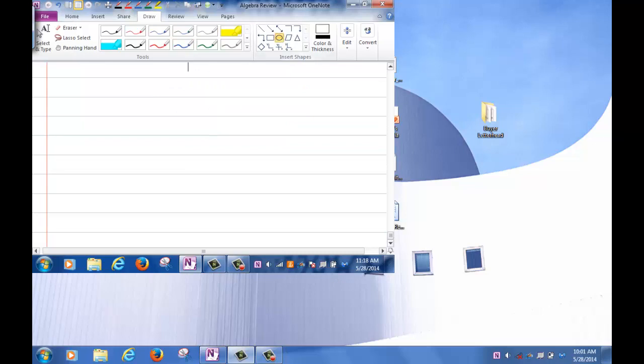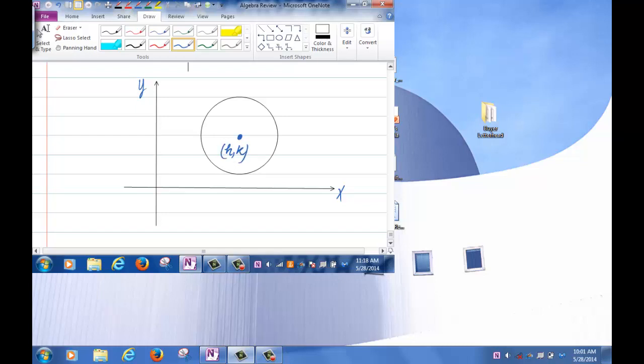Let me make another circle, and this time let's say this is the y-axis, this is the x-axis, and the center this time is, let's say, (h, k). The coordinates of the center are (h, k), and let's say the radius is r again.